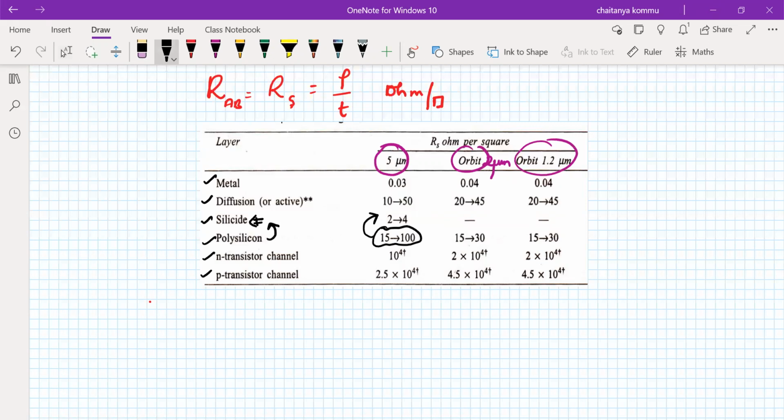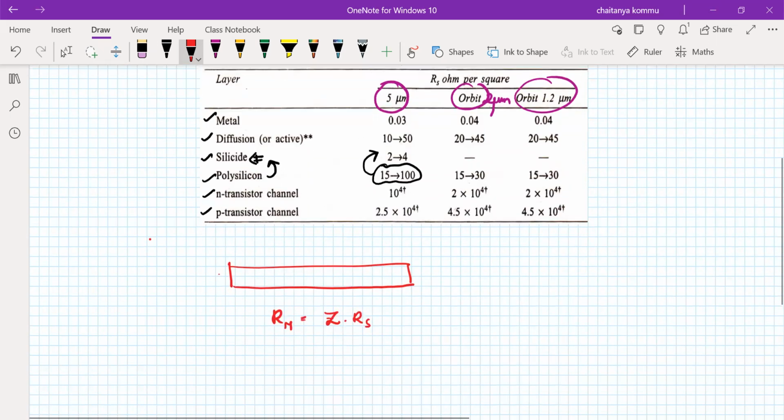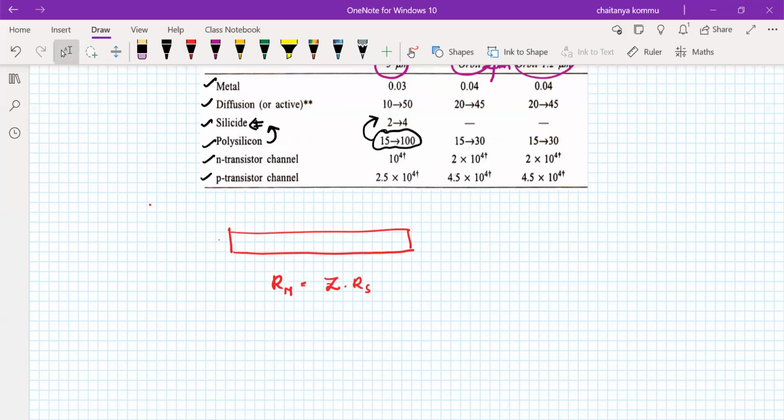Now, whenever we have any material, for example a metal here, and we want to consider the resistance offered by this metal, it is defined in terms of its size with sheet resistance. So the sheet resistance of a material we know, and the dimensions of it we can define.